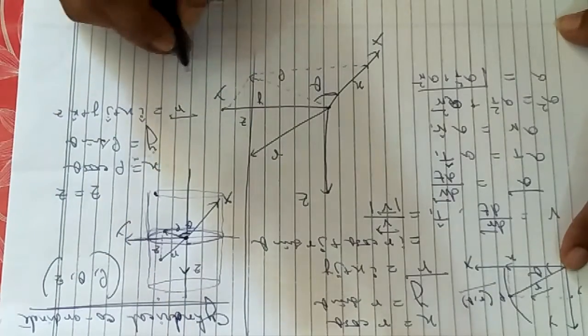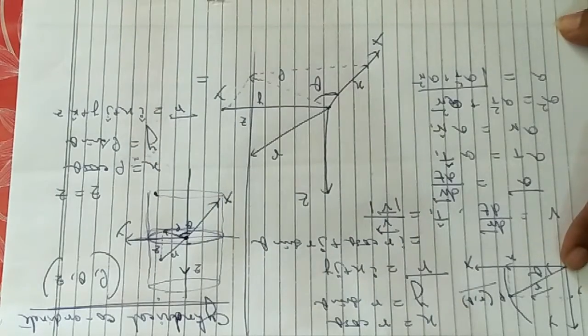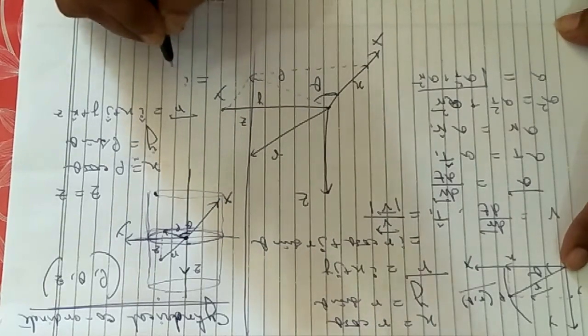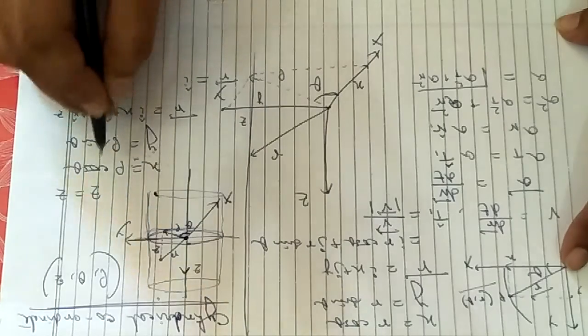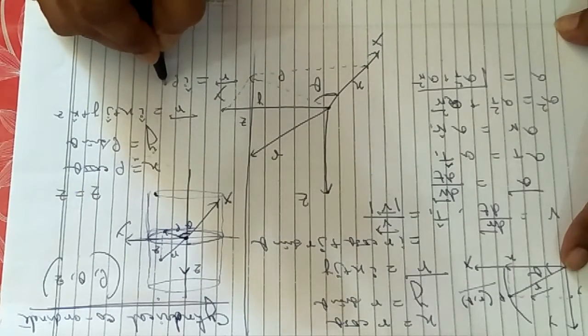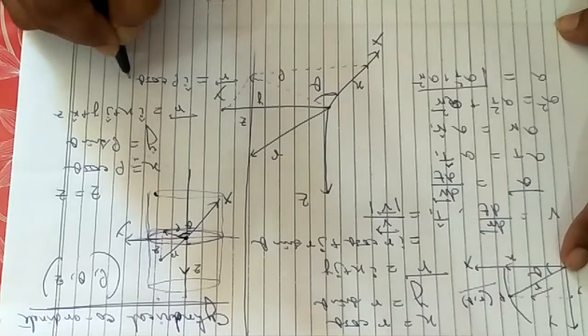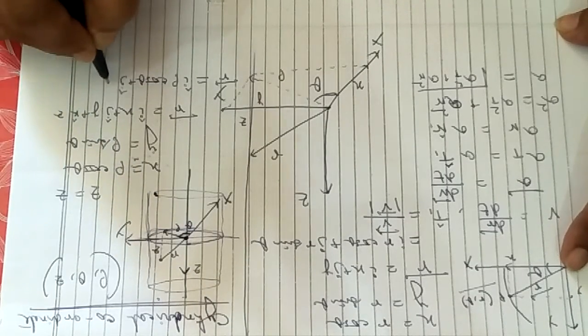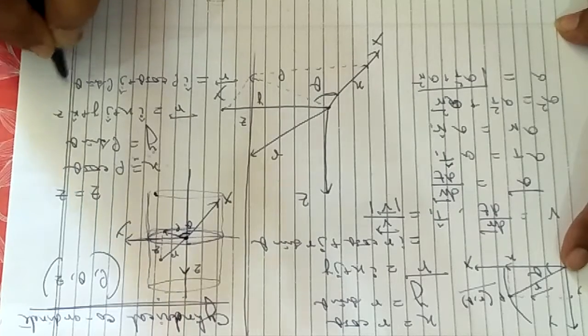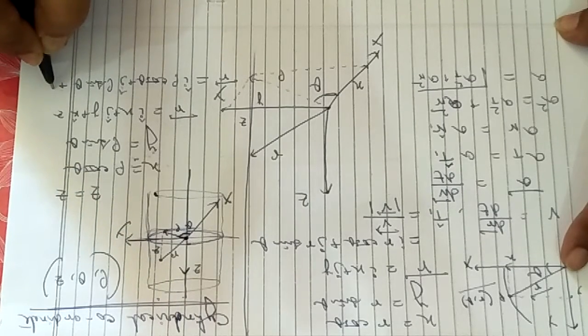So in the new form of coordinates, r vector will be equal to i cap into x. The value of x is what? Rho cos theta. Then j cap, then y equals rho sin theta. Then k cap into z.